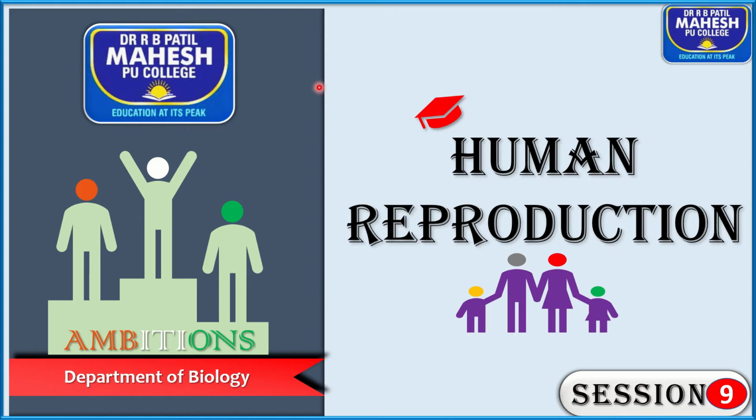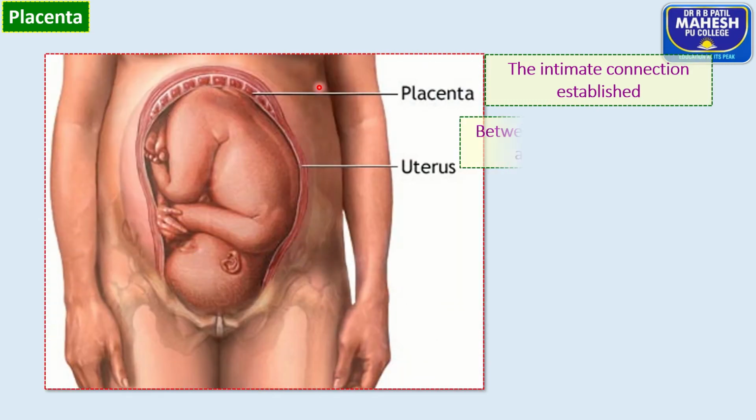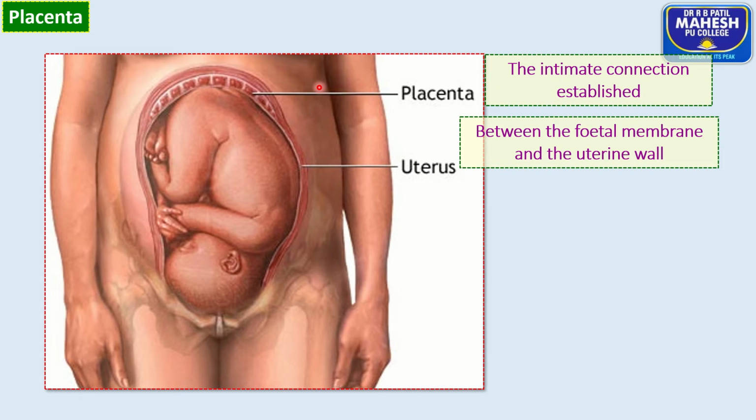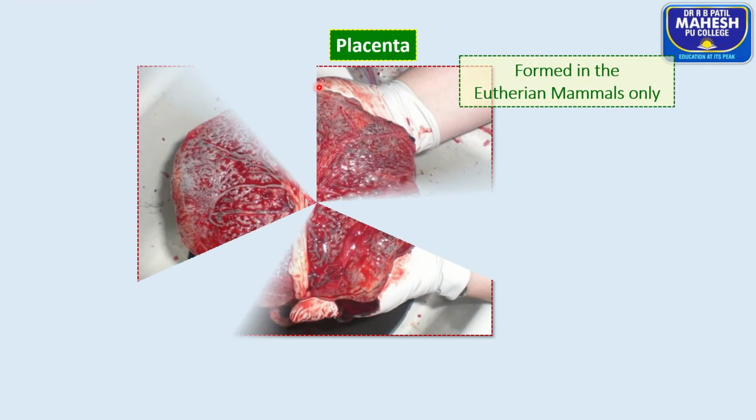At that time, an organic connection develops between mother and fetus, and that organic connection we call a placenta. So the placenta is an intimate connection established between mother and fetus, or between the fetal membrane and the uterine wall.